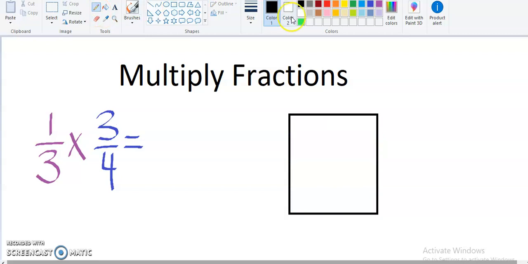I'm going to write down 3. But it's also telling us that we only want to shade in one section of it. So although this is 3 units long, we want to divide it into 3 equal parts.